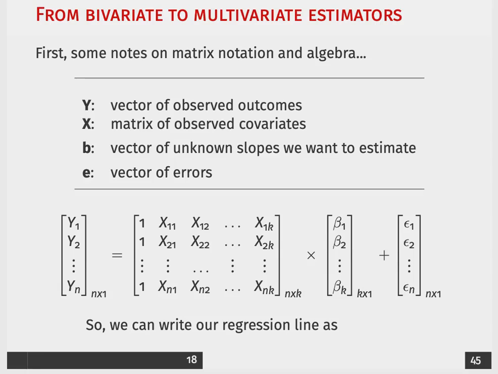So we can write our regression line as y equals, and I'll give you a second to think about this, X beta, right, because we're multiplying the x's that we observed times the estimated betas that we're trying to get, plus our residuals.